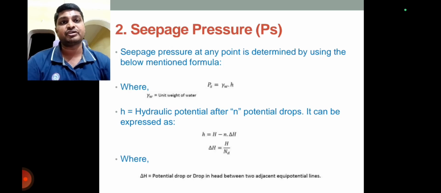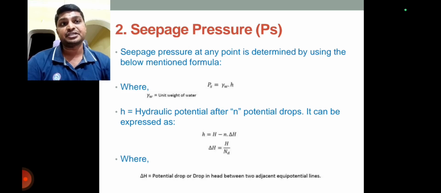Coming to the second one, seepage pressure, denoted by P_S. Seepage pressure at any point can be determined using the formula P_S = γ_W h, where γ_W is the unit weight of the water and h is the hydraulic potential.